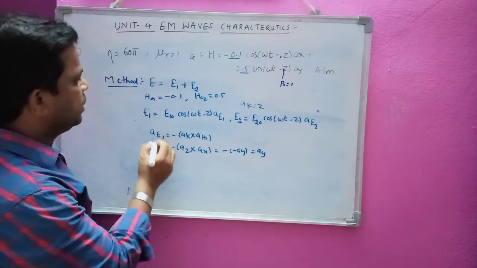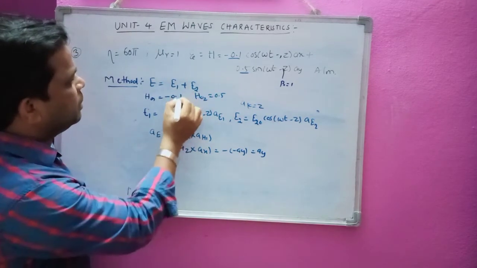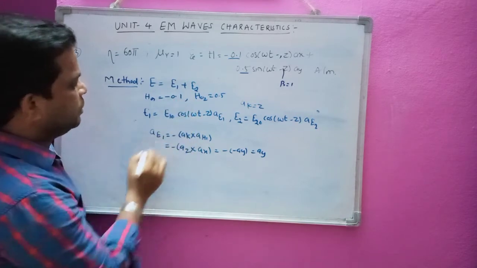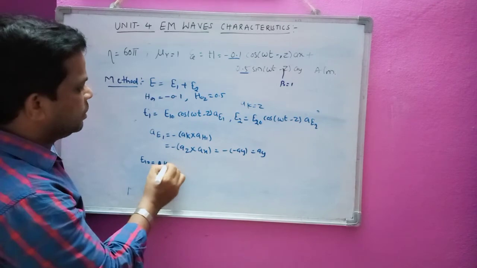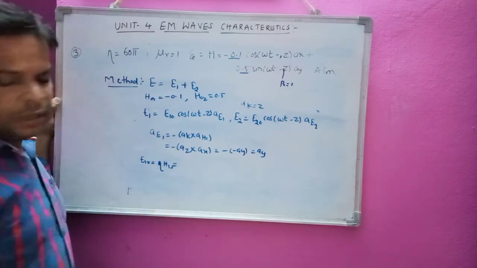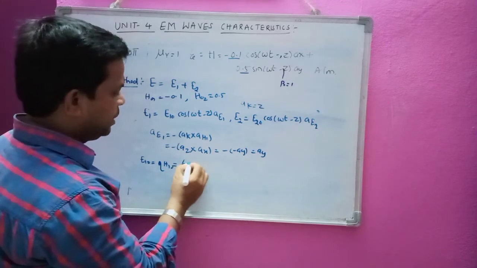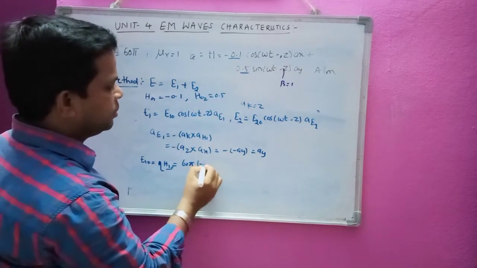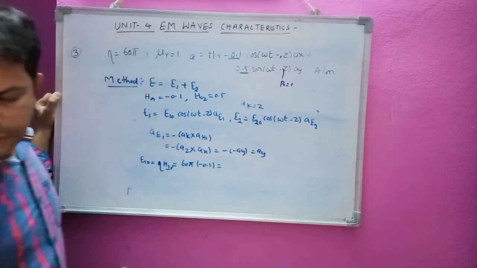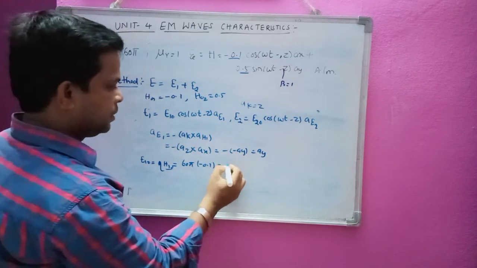Similarly, I can calculate the value of E10. E10 is equal to eta into H10. Eta we have as 60 pi, and H10 is minus 0.1, so it will turn out to be minus 6 pi.